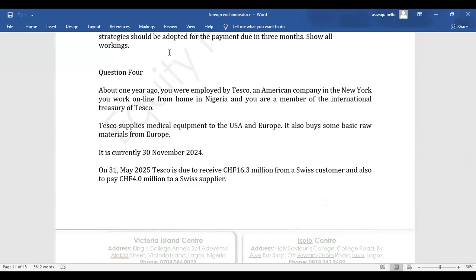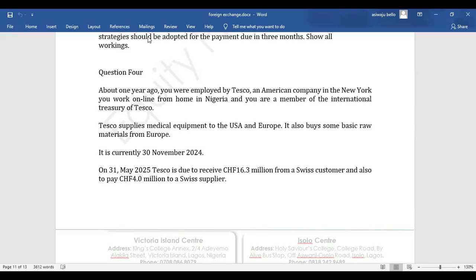Question number 4. About 1 year ago, you were employed by Tesco, an American company in New York.